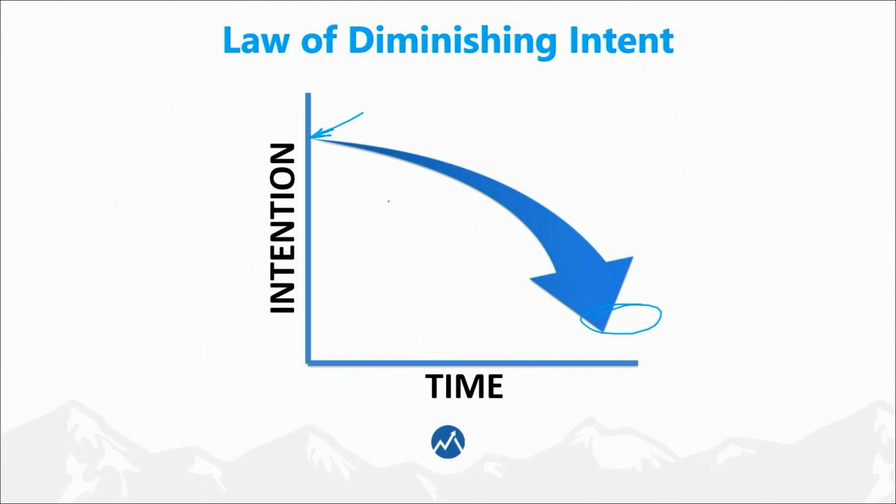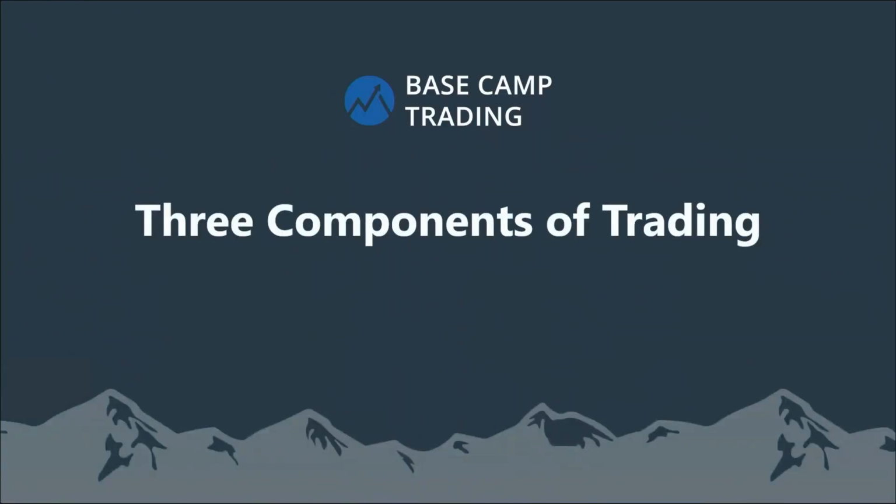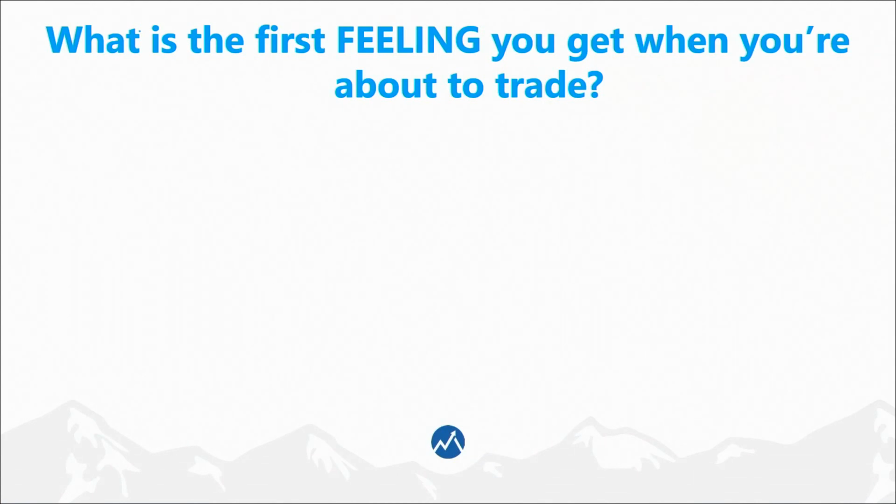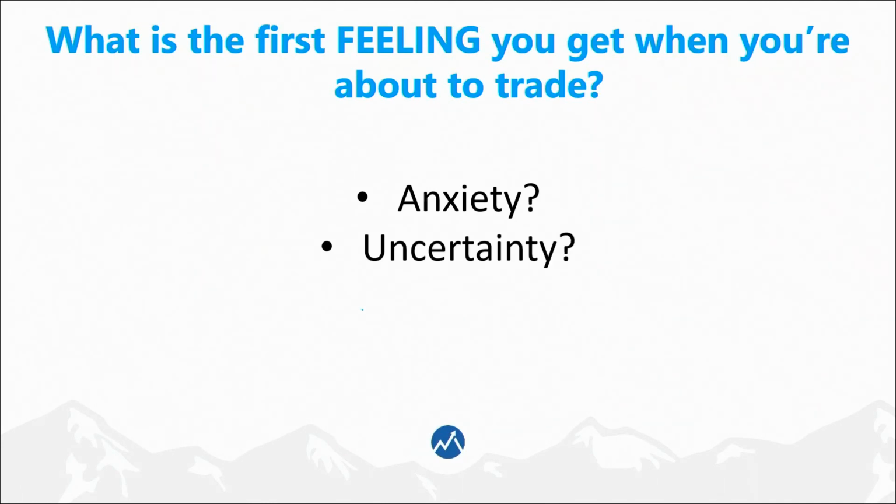All righty. So let's talk a little bit about the three components of trading and what they are and how they work. So before we dive in with those, though, what's that first feeling that you get as a trader when you're about to place a trade? Because everybody has emotions that kick in, but what are they? Is it anxiety? Is it uncertainty? Hesitation?